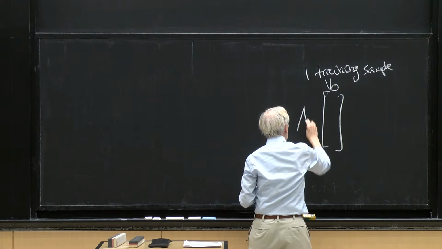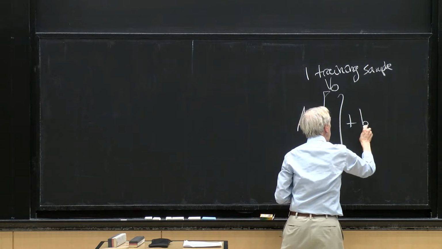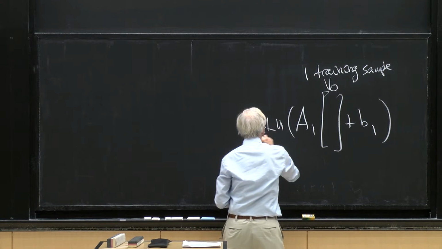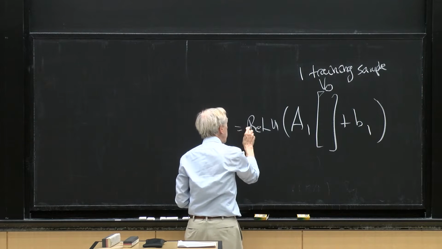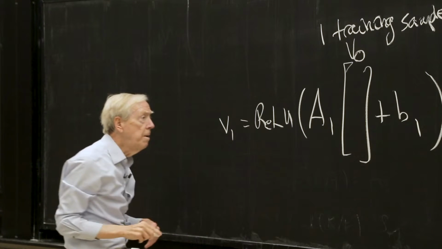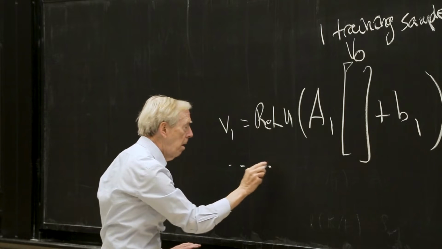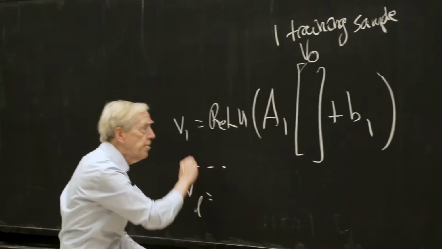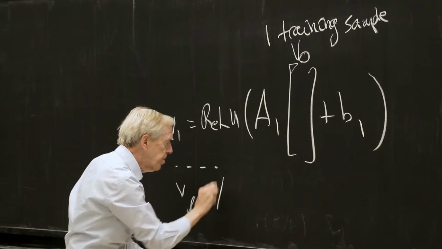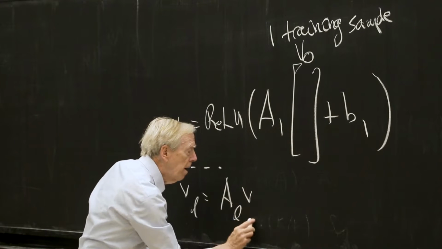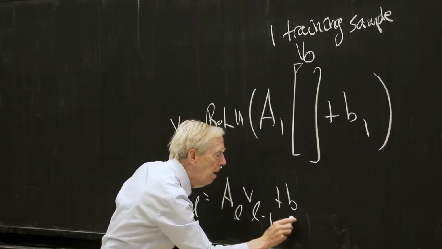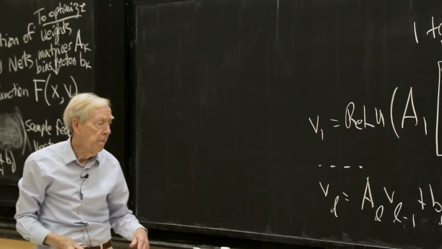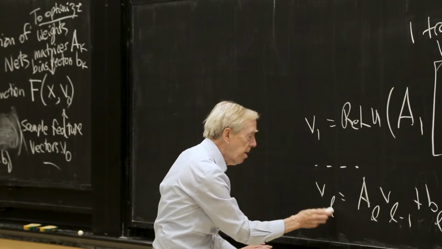And then you multiply by A1, and you add B1, and you take ReLU of that vector, and that gives you V1, and then you iterate to finally VL, the last layer. You don't do ReLU at the last layer, so it's just AL VL minus 1 plus BL, and you may not do a bias vector also at that layer, but you might. And this is finally the output.